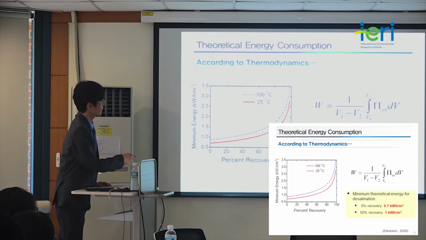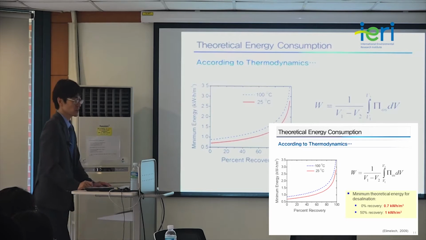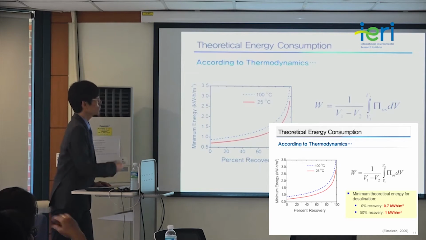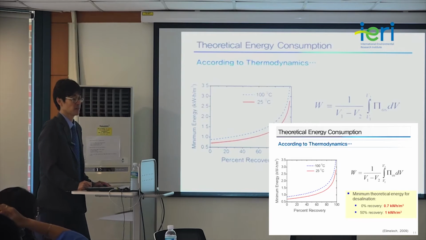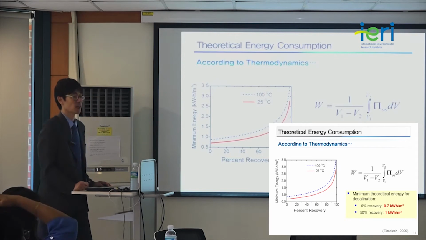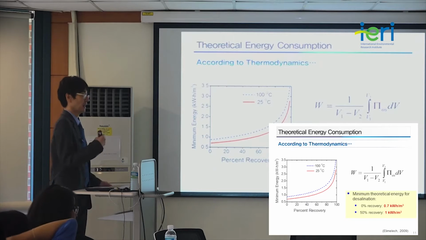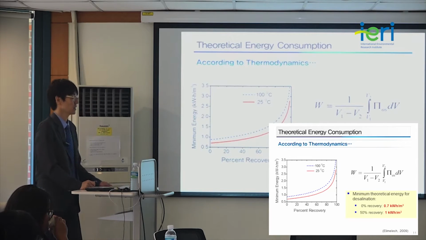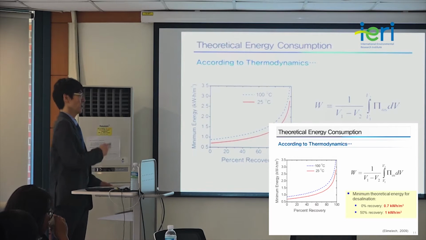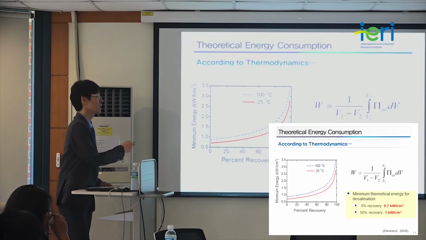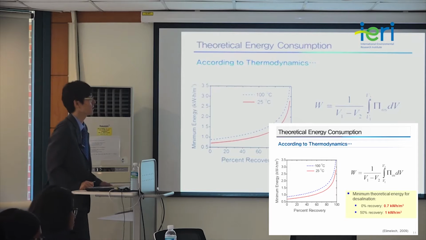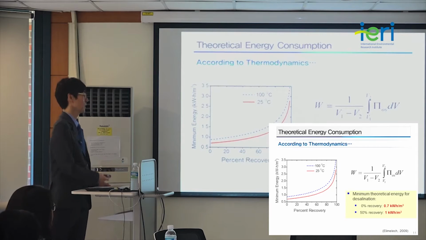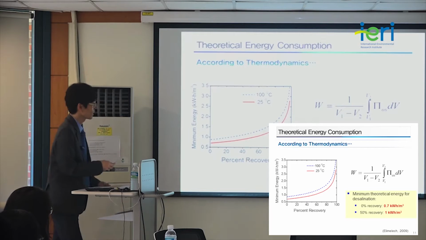And in fact, if we go to 100% recovery, in such cases, the concentration will be infinite. So we'll have very, very high salt concentration in the feed side, so it cannot be achieved in a real desalination system.